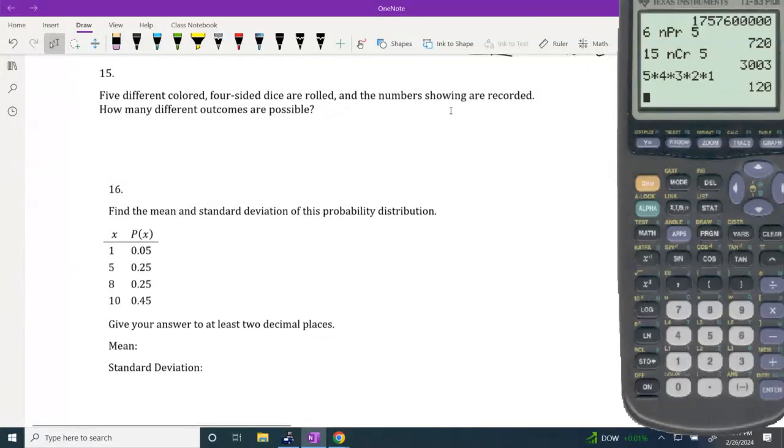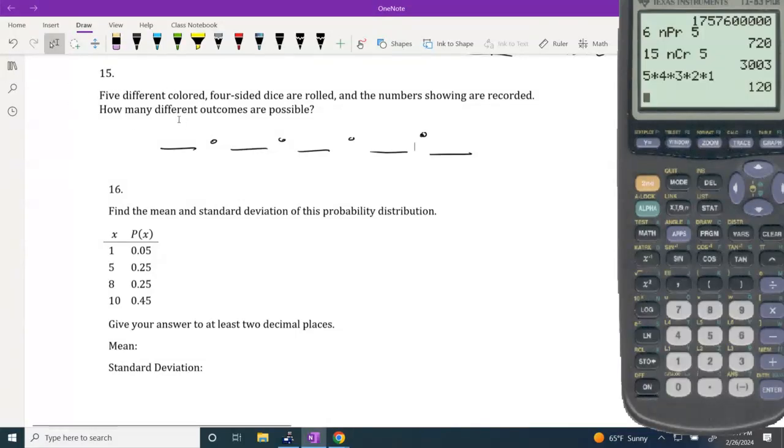All right, and the numbers shown are recorded. How many different outcomes are possible? So notice this is not a probability type question. It's about different outcomes. So we have 5 different 4-sided dice. So I'm going to map out 5 outcomes, and these outcomes are just the dice in my hand.